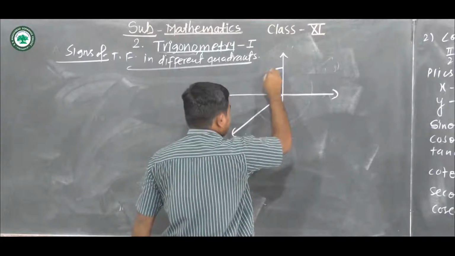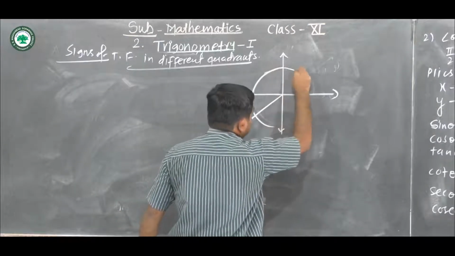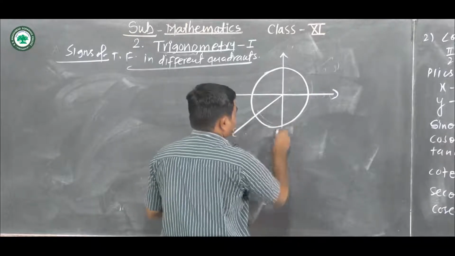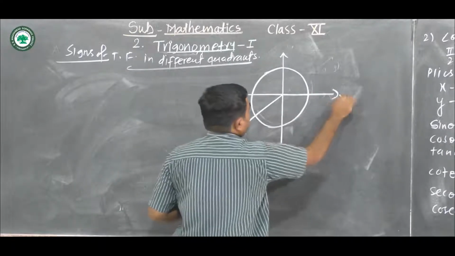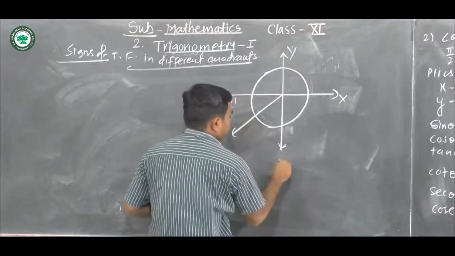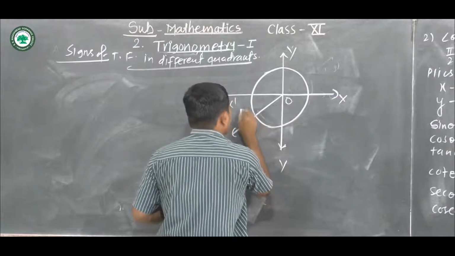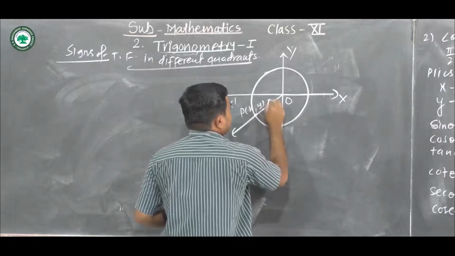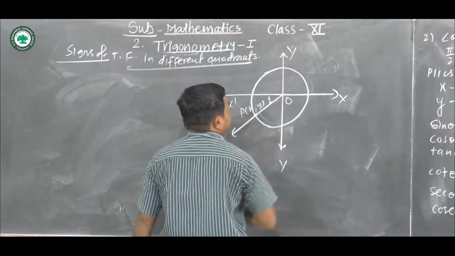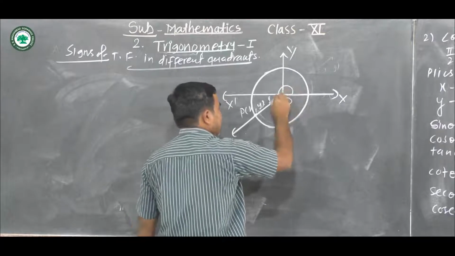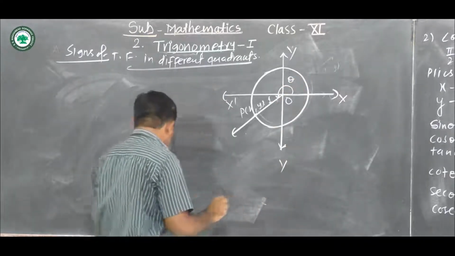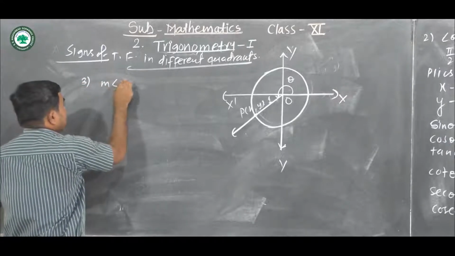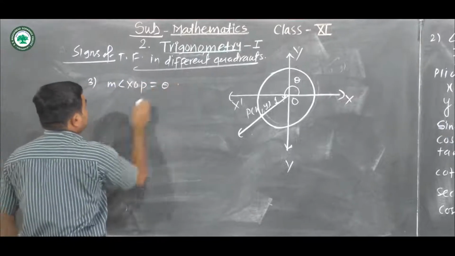So we have to draw a unit circle with center at origin. So this is point P, x comma y, and this length of OP is equal to 1 unit, and this is angle theta.